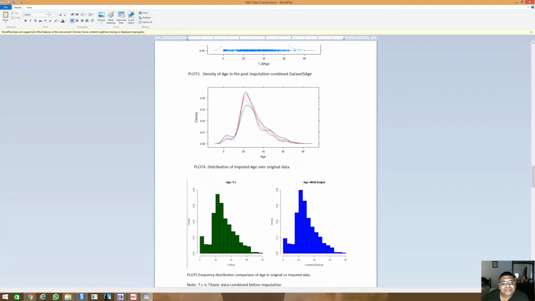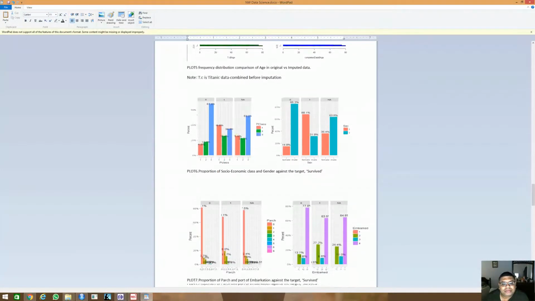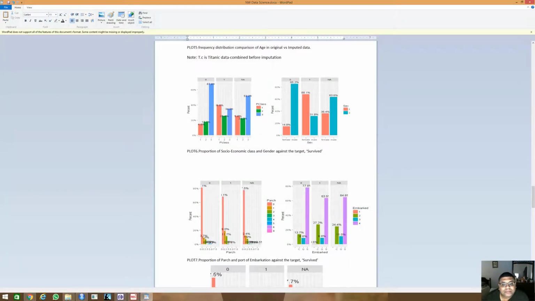Now, the same thing goes for people who had 2 such relationships aboard. 7.3 increased to 11.7 on survivability. And the opposite happened for people who were single. About 80% decreased to around 75% when you compare survivors against non-survivors for people who are single.